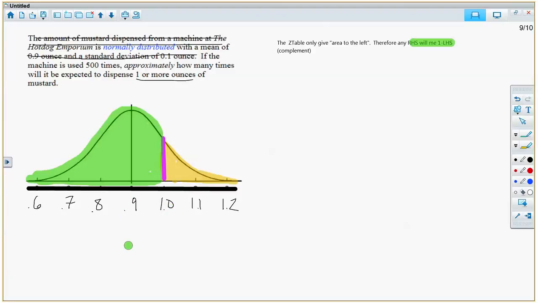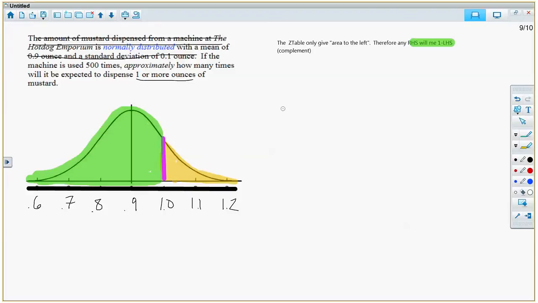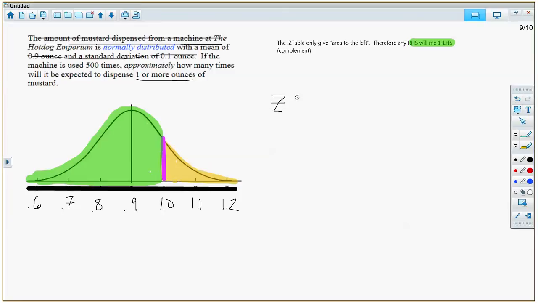The z-score has a mean of 0 and a standard deviation of 1. So we've got to use our handy-dandy formula, which is in that blue box: z-score is equal to x minus the mean over the standard deviation.